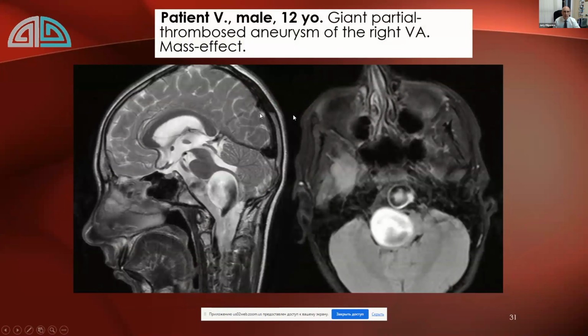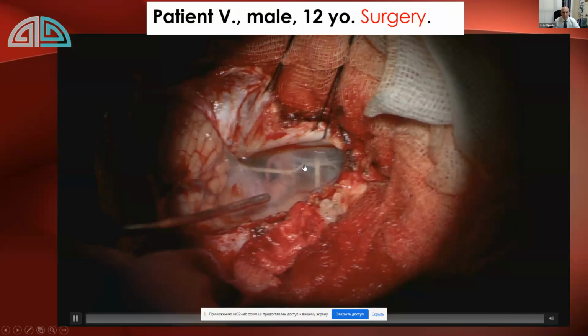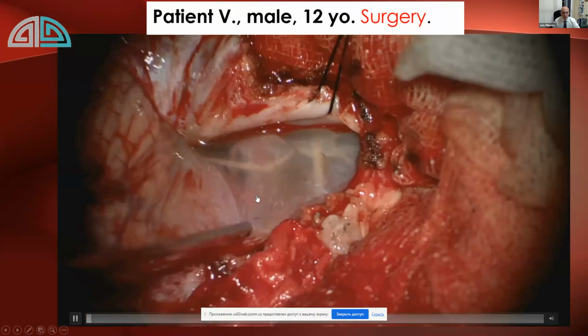Another case, a male, 12 years, with a giant partially thrombosed vertebral artery aneurysm with the PICA origin from the lower chamber of the aneurysm, and on the right picture, the occipital artery. We take it and perform a bypass between it and PICA, and this is a video of surgery.